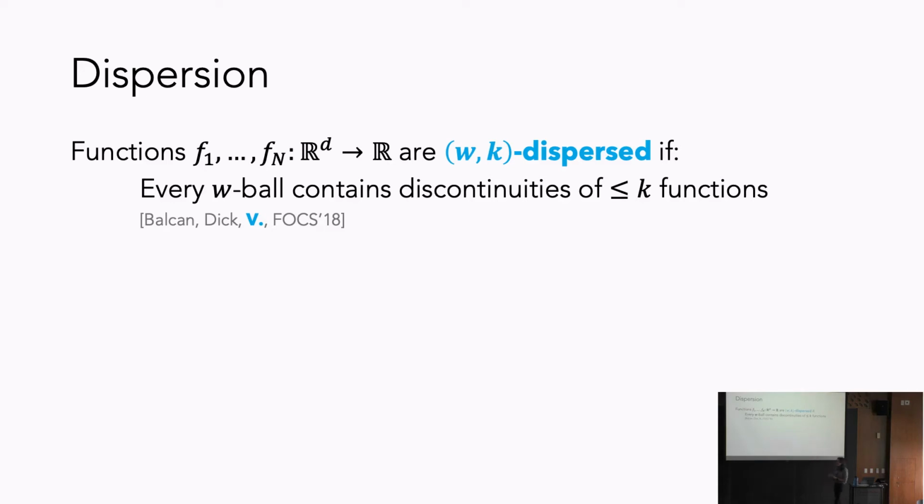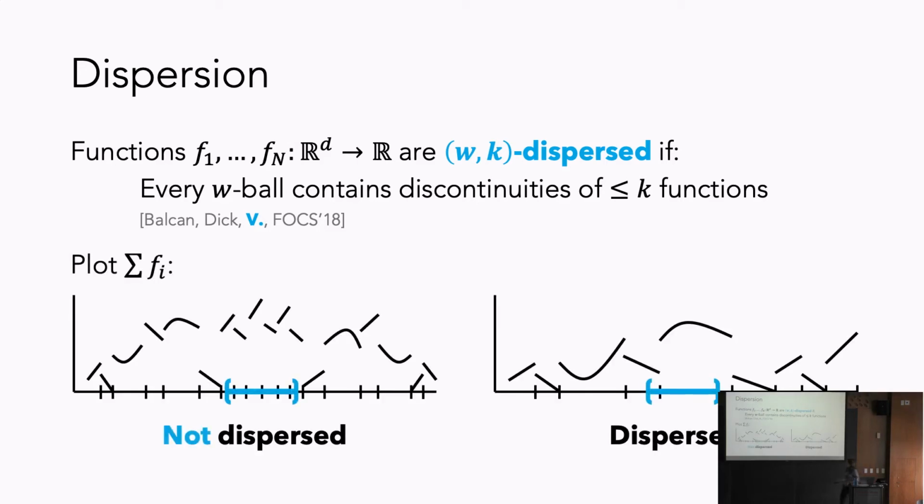And this was introduced by me and Nina and Travis Stick in a very different context. So just to give an illustration of what intuitively dispersion means, let's imagine we plot the sum of these functions f1 up through fn. If for some interval, there are a lot of discontinuities in that interval, then these functions are not dispersed.